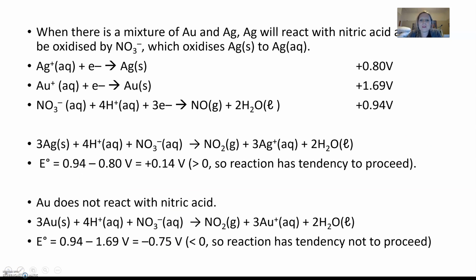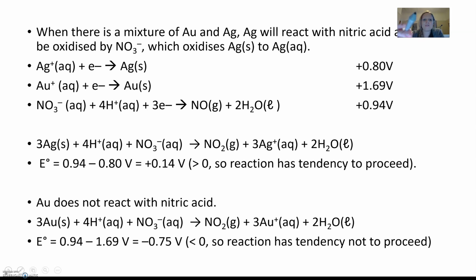So it then says when there is a mixture of Au and Ag, it reacts with nitric acid, as it can be oxidized by nitrate ions, which oxidizes Ag to Ag aqueous. And so what we have to do here is work out how we can separate the Ag from the Au. Well, the Ag must be a spontaneous reaction and the Au must not, or else you wouldn't be able to separate them because they would both react.